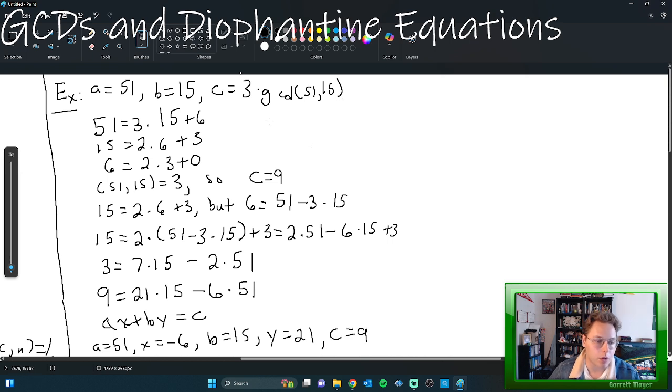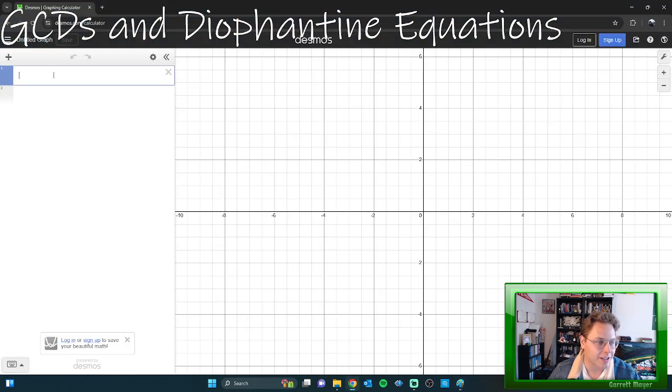If we plug this into a calculator, we should be able to see that this works. I did check this earlier, so if it doesn't work, I'm going to be very surprised. But let's do this live: 21 times 15 minus 6 times 51. And what we see is that it equals 9, like we'd expect.